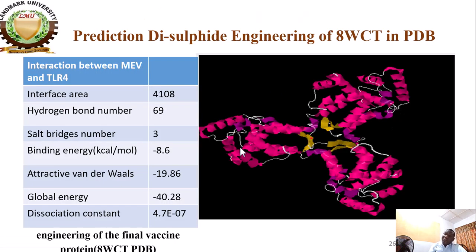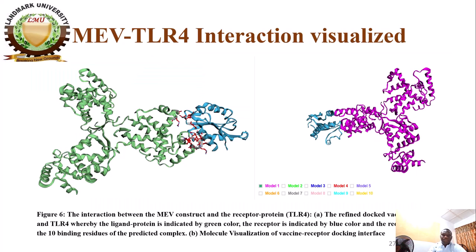Then disulfide engineering was also performed, with 8WCT as the similar protein retrieved from the protein database, and this is the result of the interaction between the ligand, which is TLR4, and the predicted vaccine.